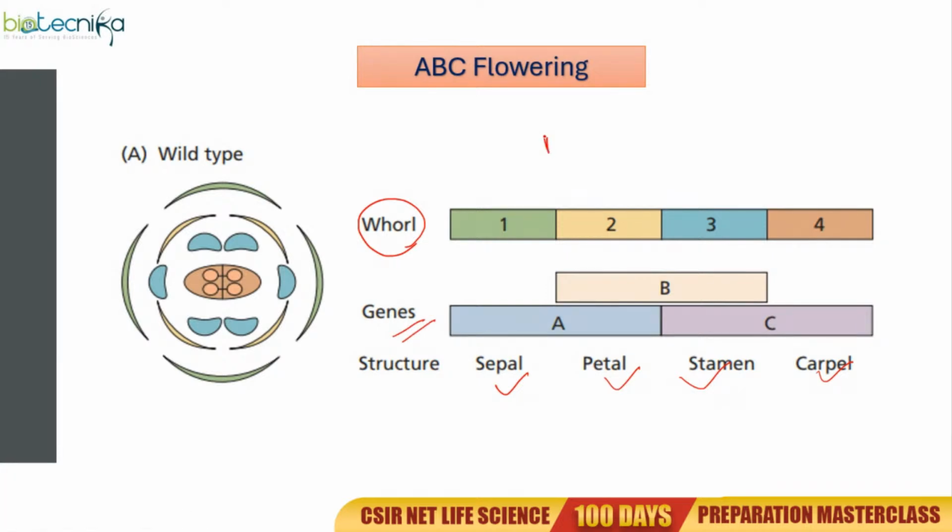So again, mutation based questions do come from here. They may ask what happens if mutation occurs in A, or an AB combination or BC combination, or what happens if all the three genes are mutated. So what will be the structure of the flower? Those kinds of questions do come from this part.